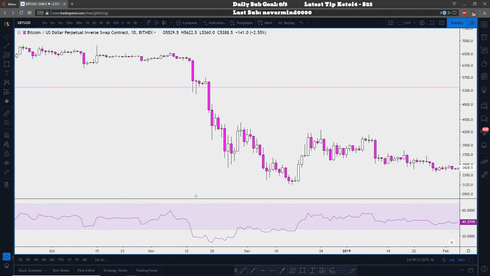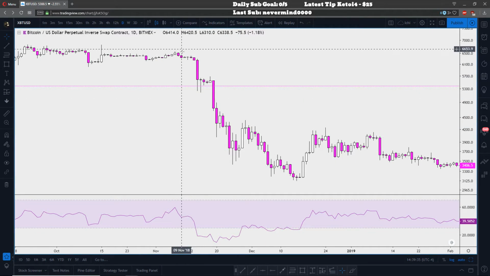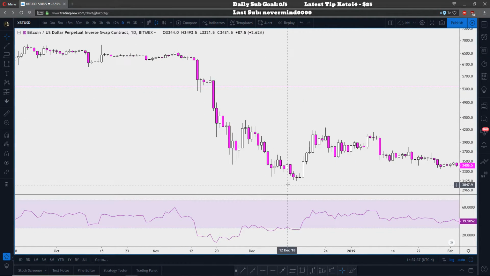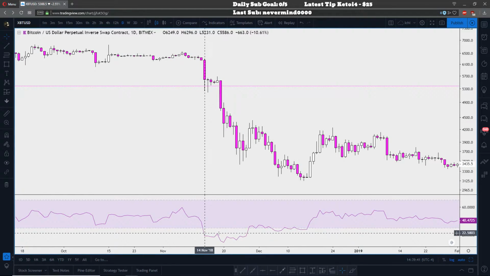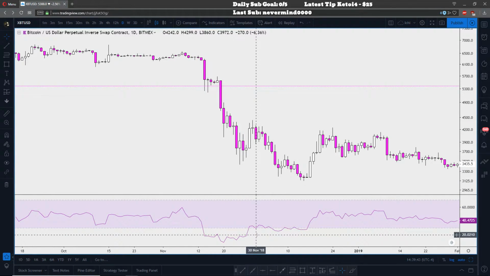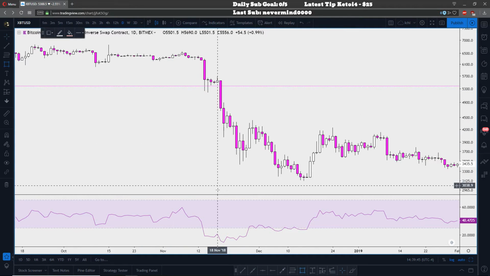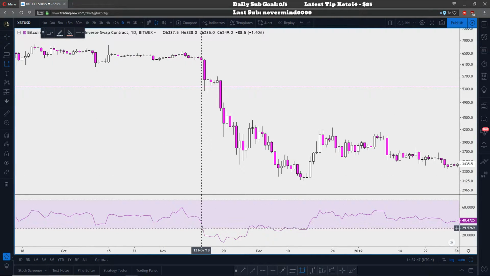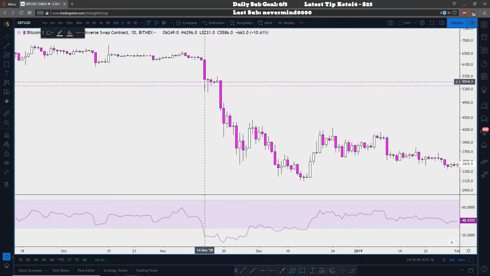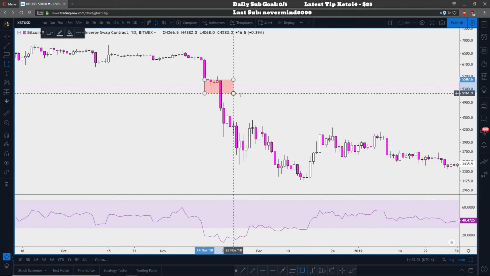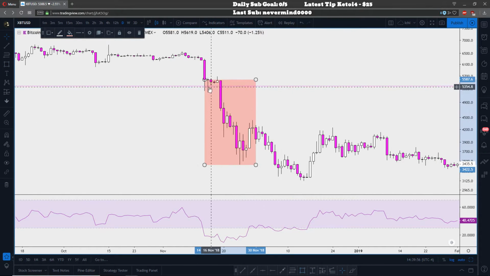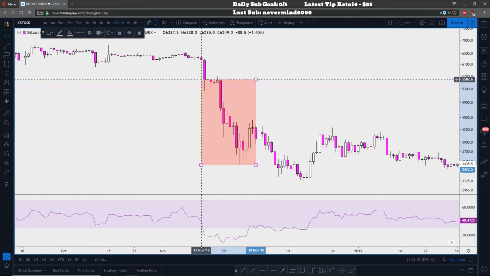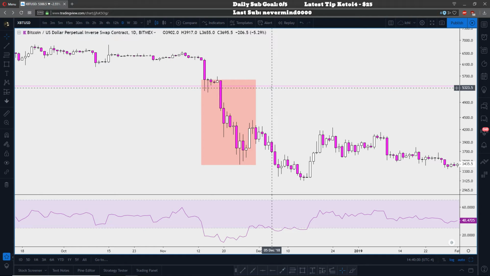When we saw that massive breakdown from 6K down to 3K, we were basically oversold the entire time. So if you were looking for the oversold signal, which basically starts here and doesn't end until here, all of these candles are technically oversold.